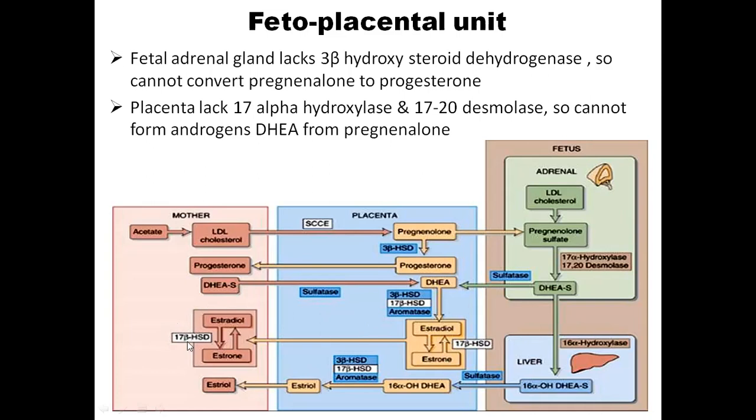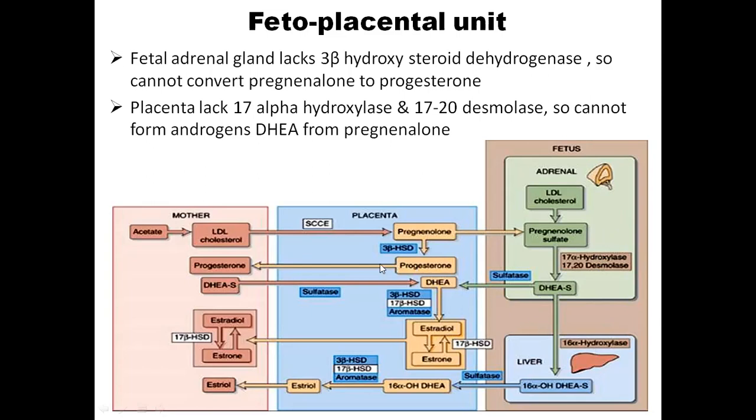So the precursor for the estrogens, that is DHEA, is produced in enough amount in the fetal adrenal and fetal liver because the placenta is lacking 17 alpha hydroxylase, 17,20 desmolase, and 16 alpha hydroxylase.